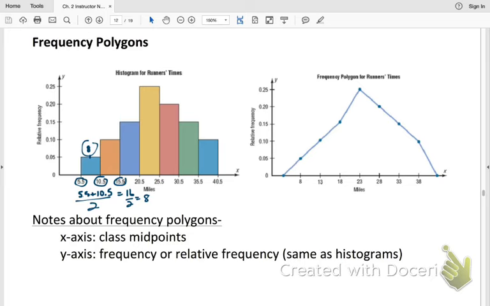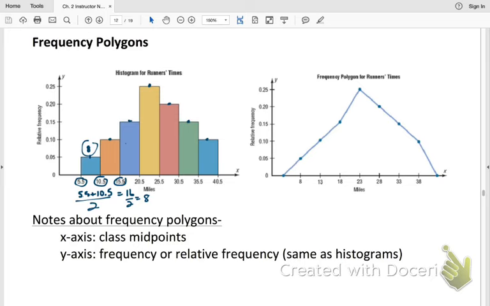If you compare this frequency histogram for runner's times, it's a relative frequency histogram in fact, and then look off to the right, the way that we make a frequency polygon is just by taking the midpoints of all those classes and then just playing connect the dots here.